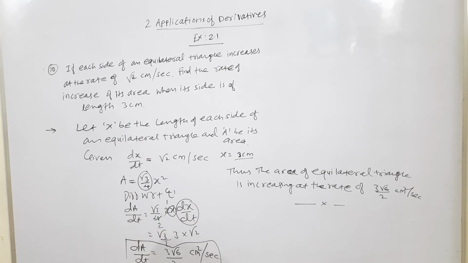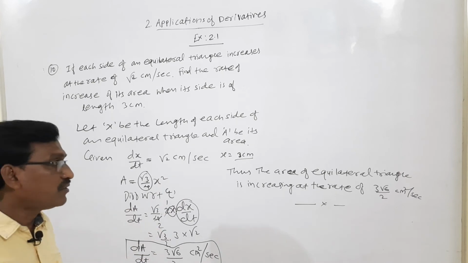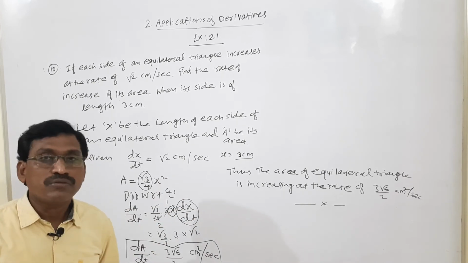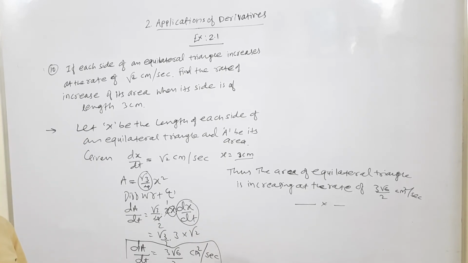Hence we have found that the area of the equilateral triangle is increasing at the rate of 3 root 6 by 2 centimeter square per second. Now we will take the next example.